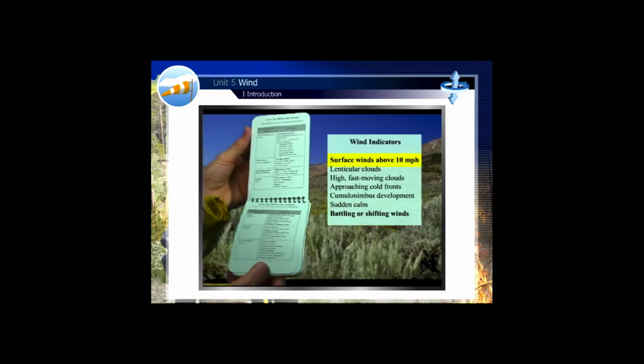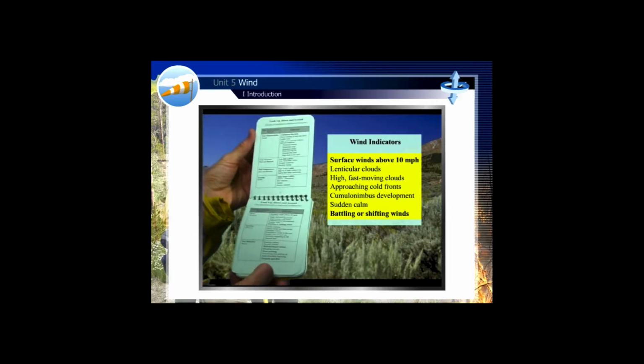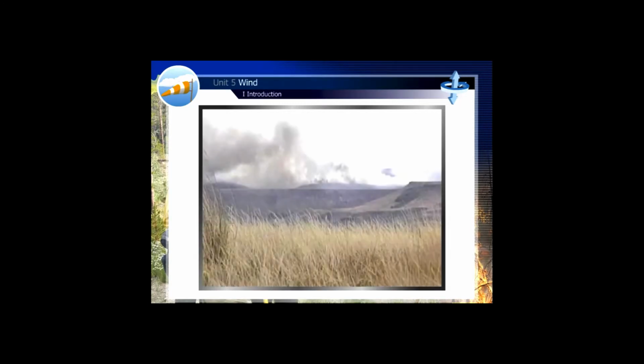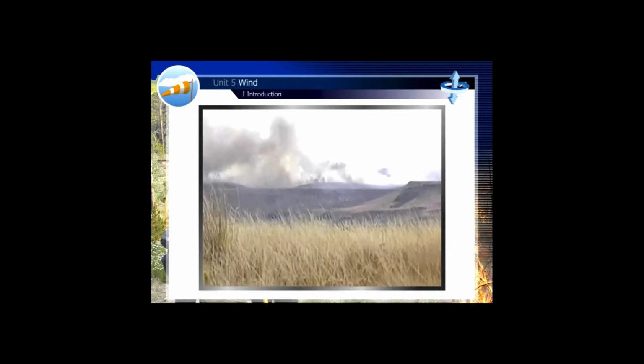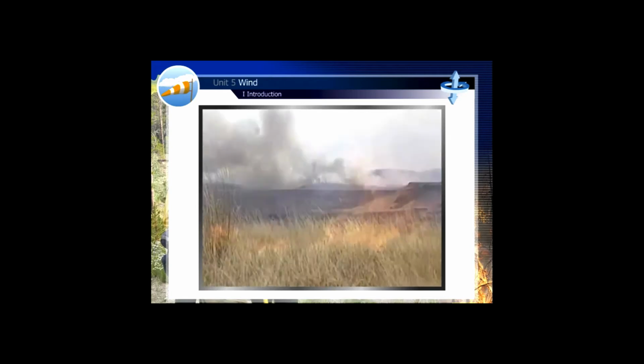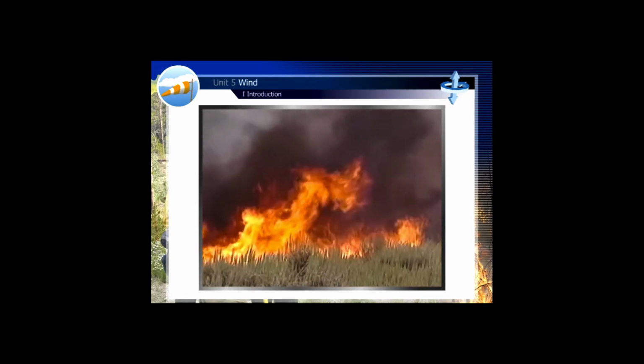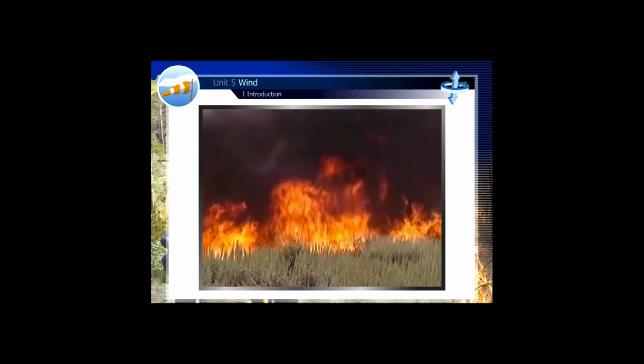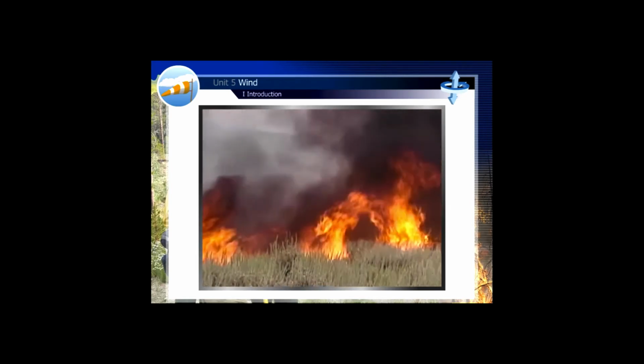This unit addresses wind and its 7 indicators. Wind is a critical factor influencing fire behavior, and it is also the most difficult to predict. Wind is associated with one of the 4 major common denominators of fire behavior on tragedy fires.